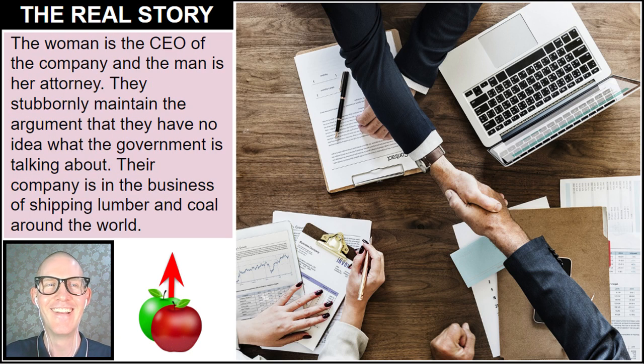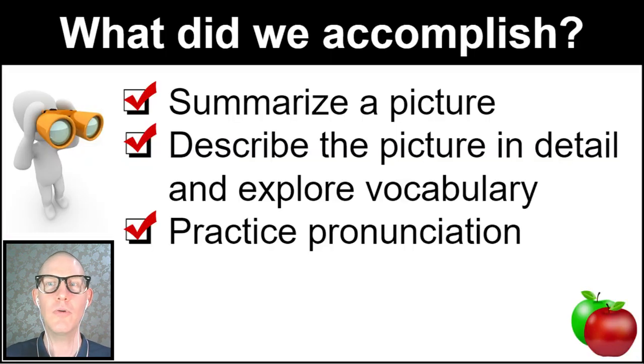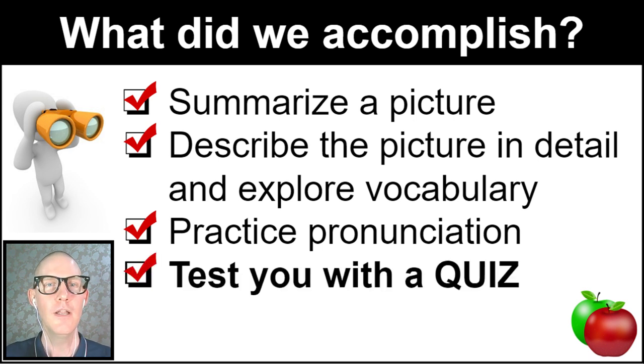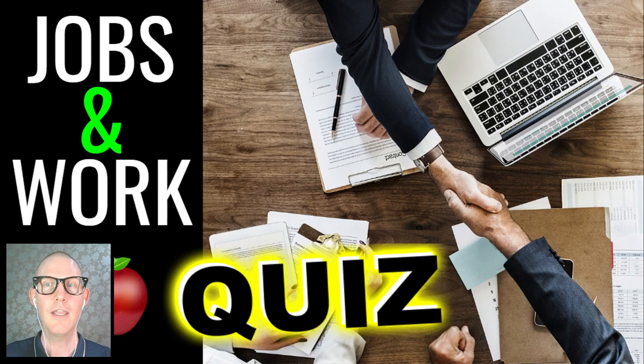It was all about a bribery, a scandal. Right. Okay, so let's see. Did we practice pronunciation? Yes, we did. I read the sentences and you guys repeated after me. And did we test you with the quiz? That's right, we did. Okay, so we did everything today. We completed everything. And I had a great time teaching this lesson.